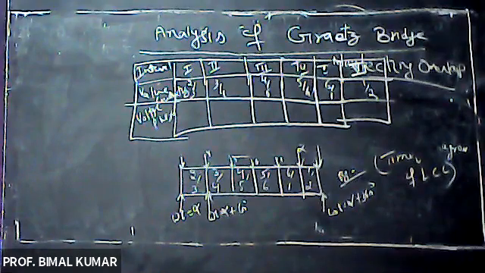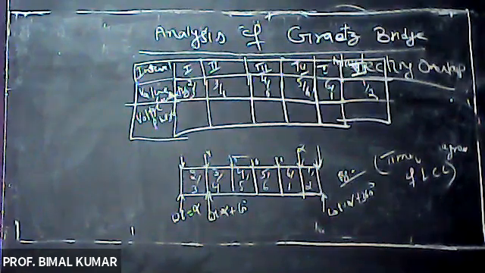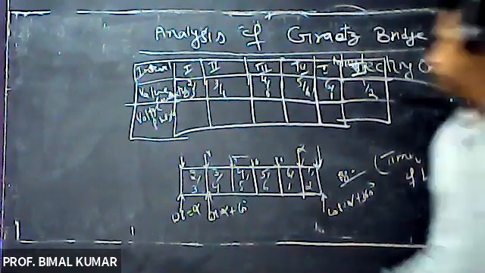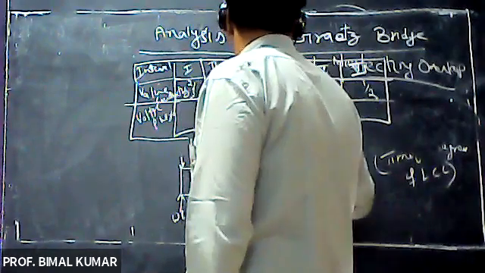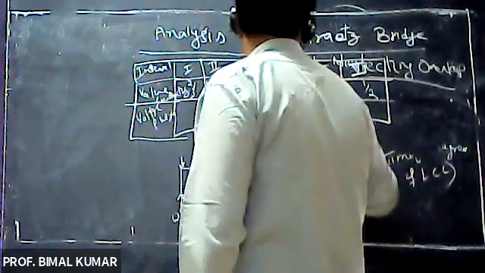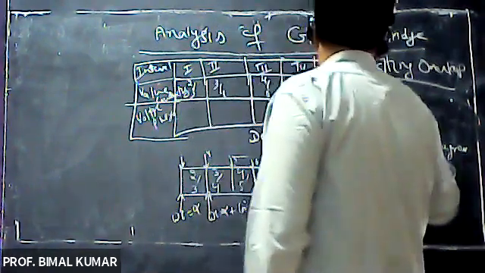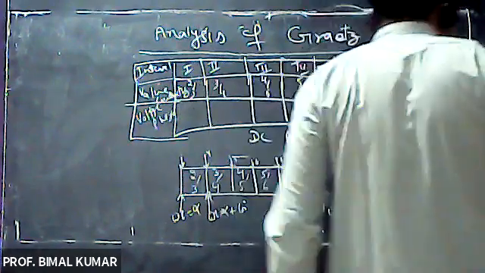In the first interval, 2 and 3, in the second interval 3 and 4, then 4 and 5, 5 and 6, 6 and 1, 1 and 2. Right? So this is the DC bus voltage during each interval.